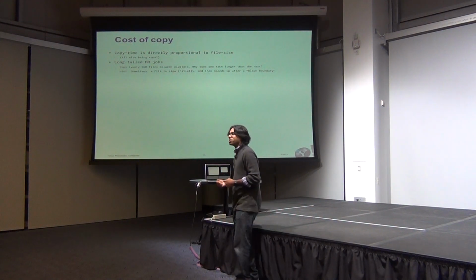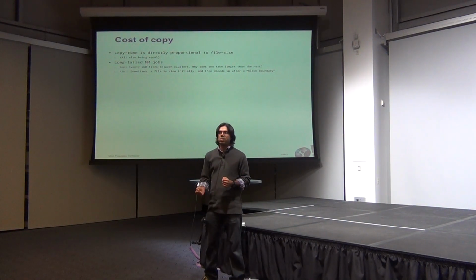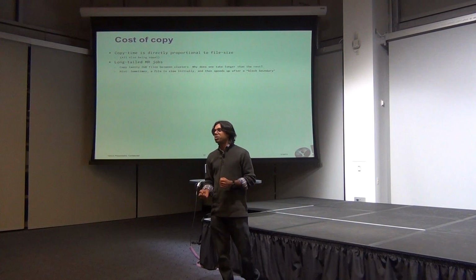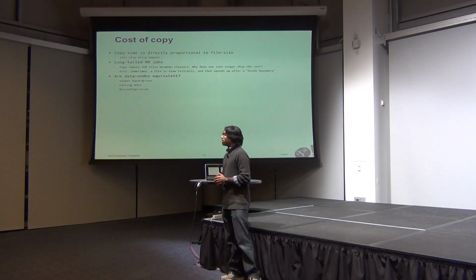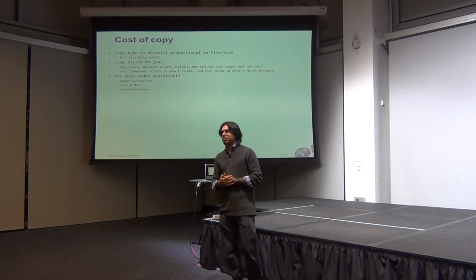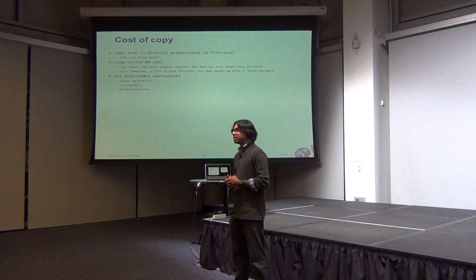There's another thing you might notice. Sometimes the file is slow for a very long time until it crosses a certain block boundary, at which point it speeds up again. Which might point towards perhaps the data node. So are data nodes equivalent? But eventually it's hardware.